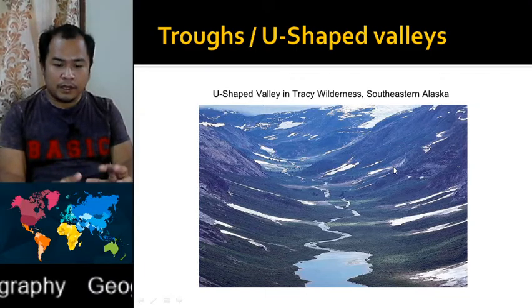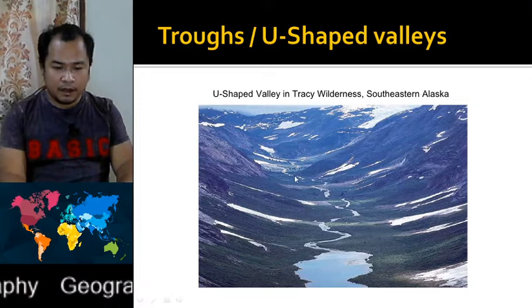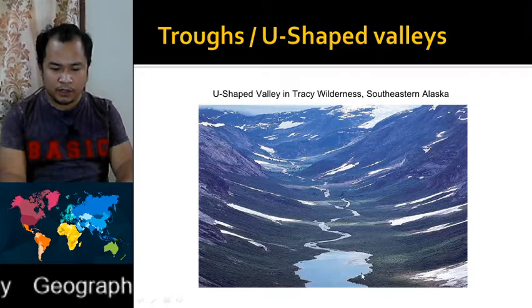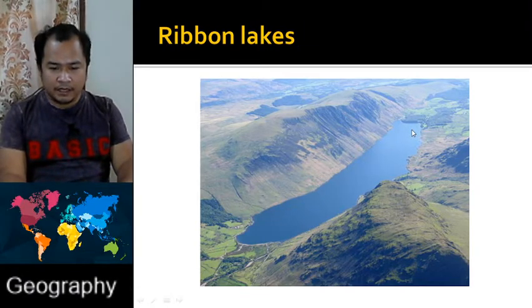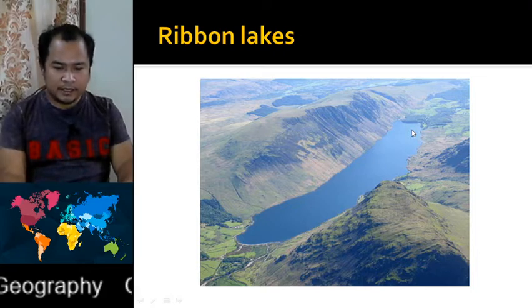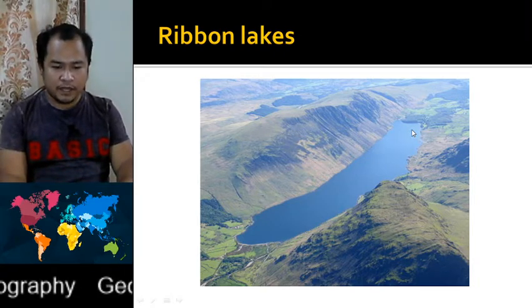Right? And when the ice melts, we will have a river probably in between with lakes like this, which is what we call a ribbon lake. So ribbon lakes are very narrow lakes that are created by glaciers moving.